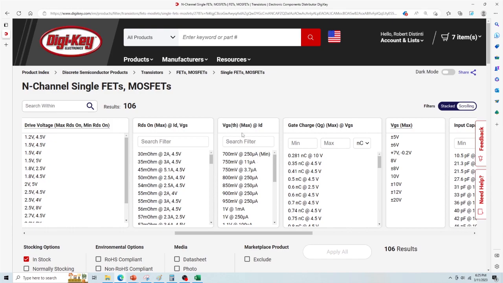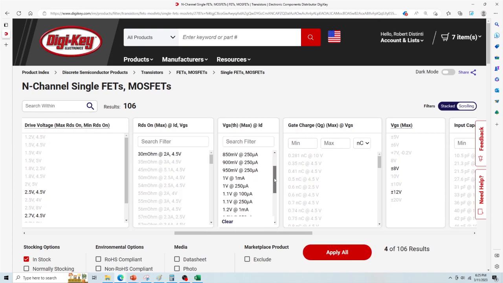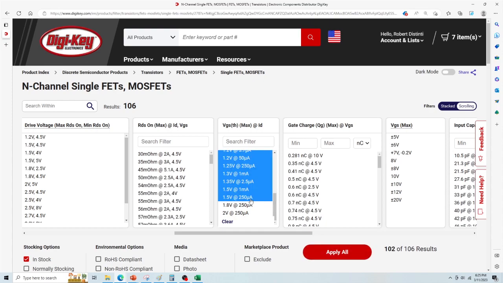So we're going to want a threshold voltage that's quite low. And so we're going to pick the one at the bottom, and we're going to keep this below, I don't know, let's keep it below 1.8 volts. No, let's keep it below 1.5 volts. I'm holding down the shift key, and that selects the range. That drops me to 102 results.